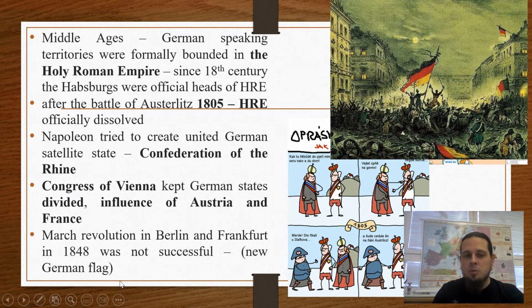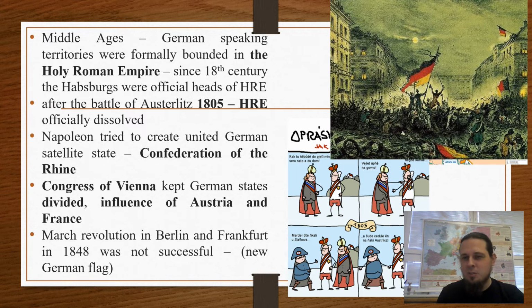But you can see the new German flag, inspired by this Confederation of the Rhine, was preserved for the first time. It was forgotten for many years, and it was restored by the Weimar Republic in 1918-1919.